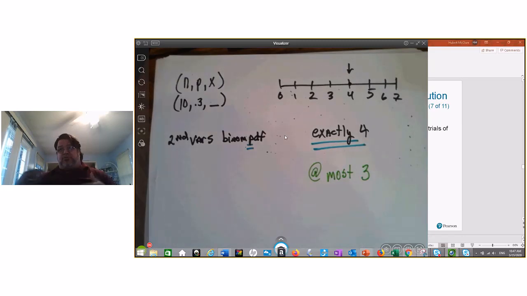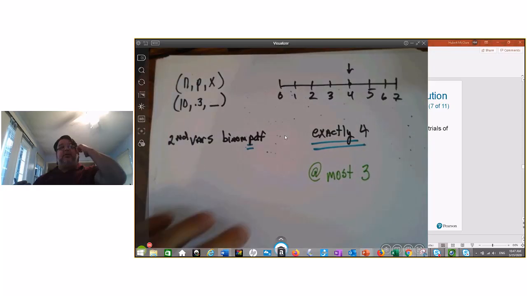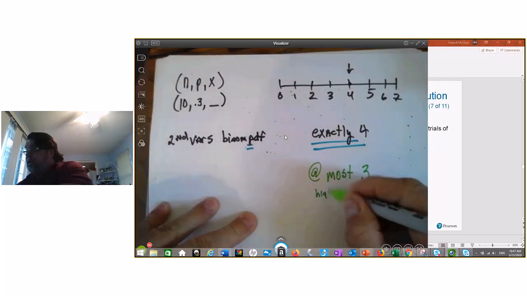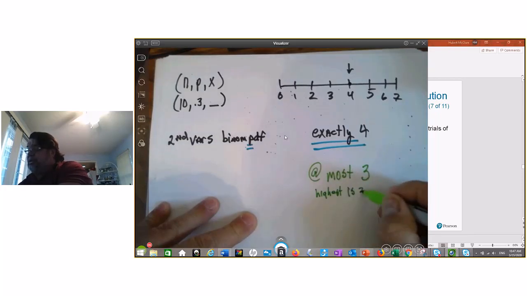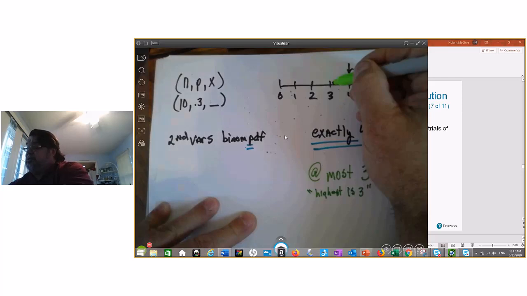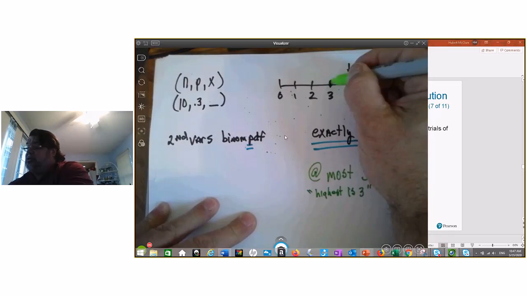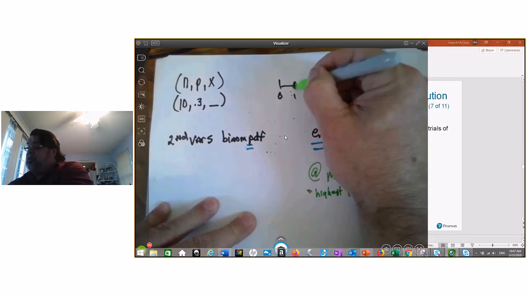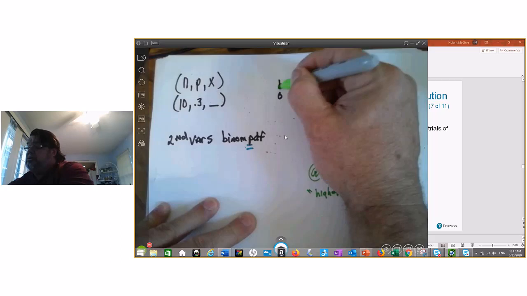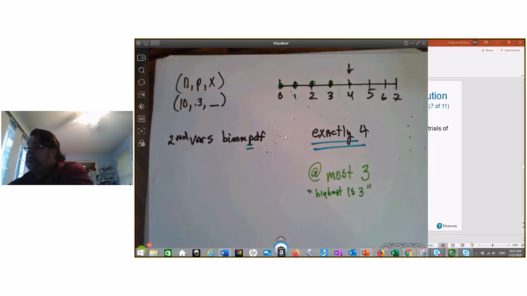Well, we went over those slogans and sentences at the beginning of this section. At most 3 means that your highest number is what? Highest is 3. So that means I need to do 3, 2, 1, and 0.